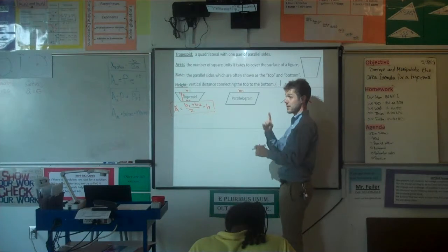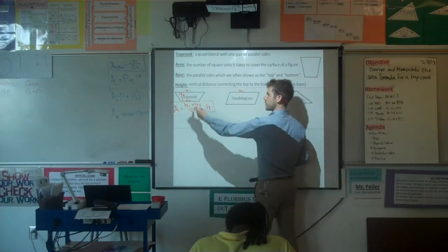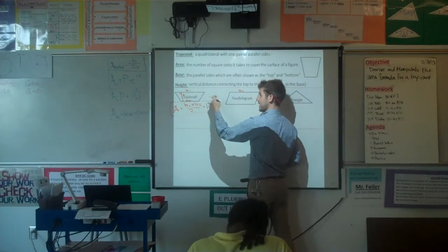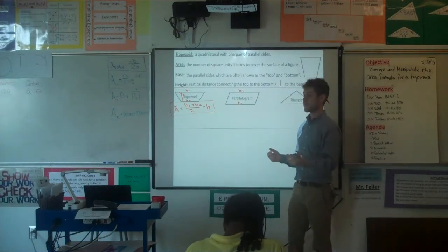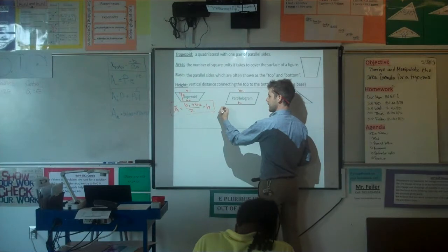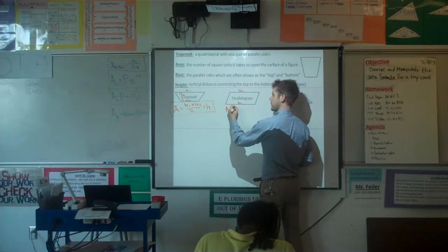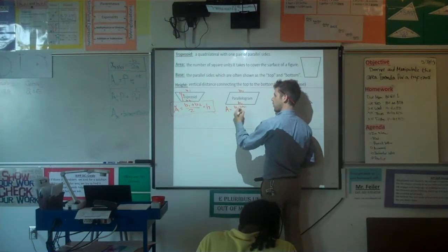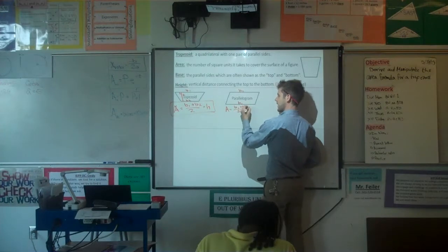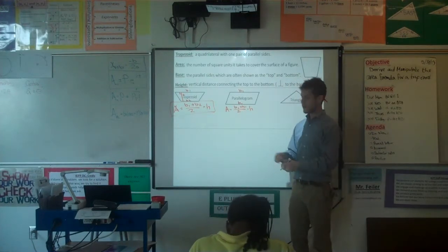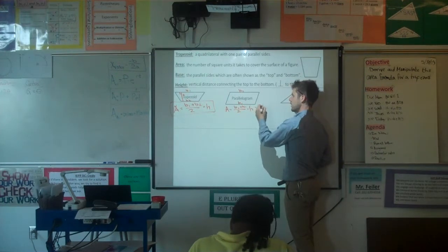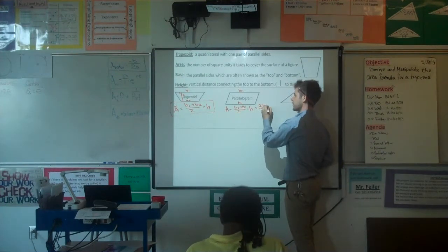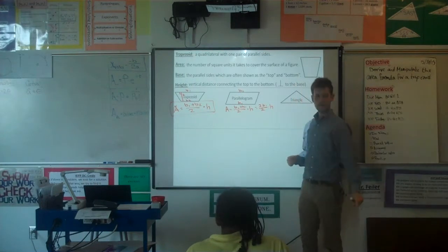It's also going to be B1. You recall B1 and B2 because they're different. In a parallelogram, you may recall that the bases are the same. So, if I'm doing A equals B1 plus B1 over 2 times H, another way of writing B1 plus B1 is 2 times B1 over 2 times H.